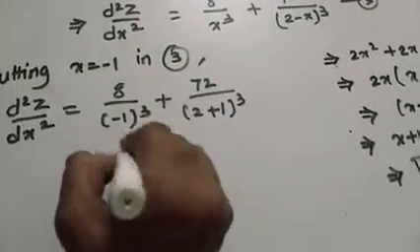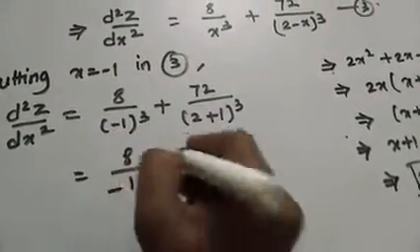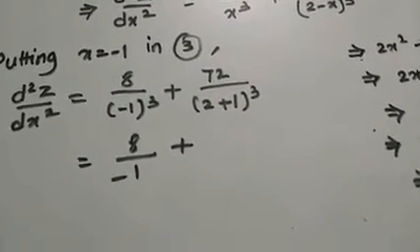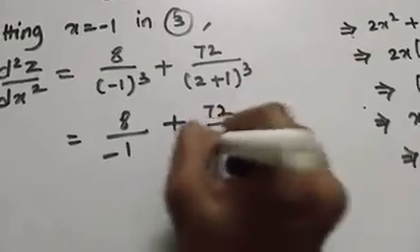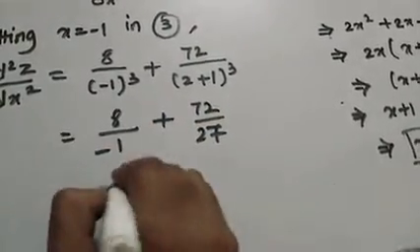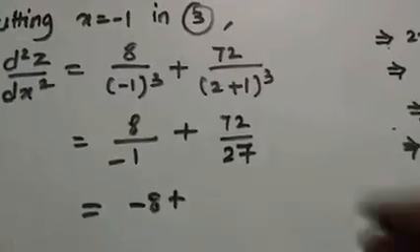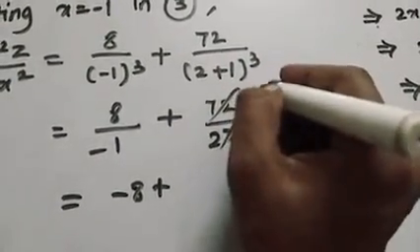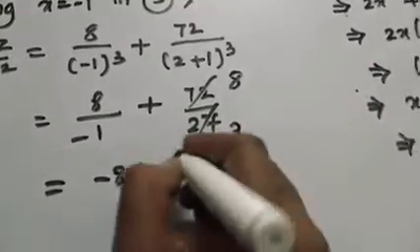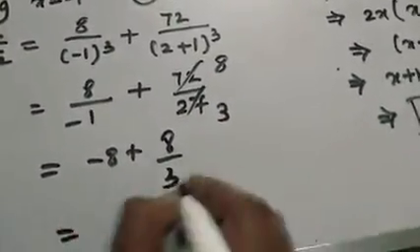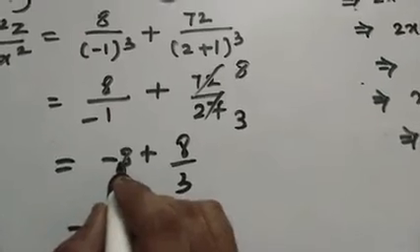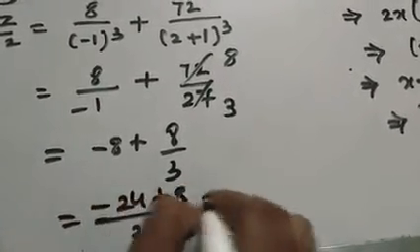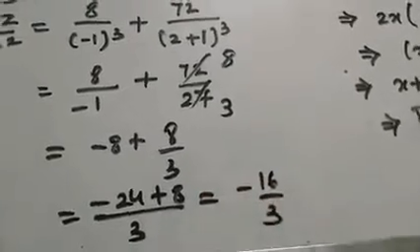So minus 1 whole cube is minus 1, and 2 plus 1 is 3. 3 cube is, square is 9, cube is 27. So 8 by minus 1 is minus 8. After simplifying, if you cancel by 9, 9 8 72, 9 3 27, so 8 by 3. Now taking the LCM, so minus 24 plus 8, that is minus 16 by 3.